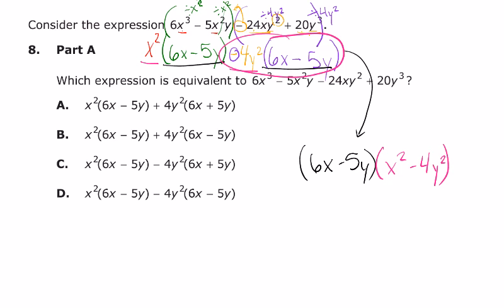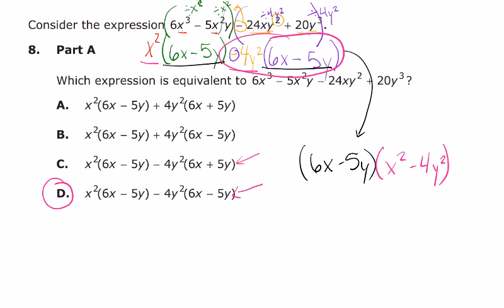And then when we look at our answers, we have C and we have D, right? Because we know this is going to be a negative here. So between C and D, we can see that D is the one that matches up with what we have, right?